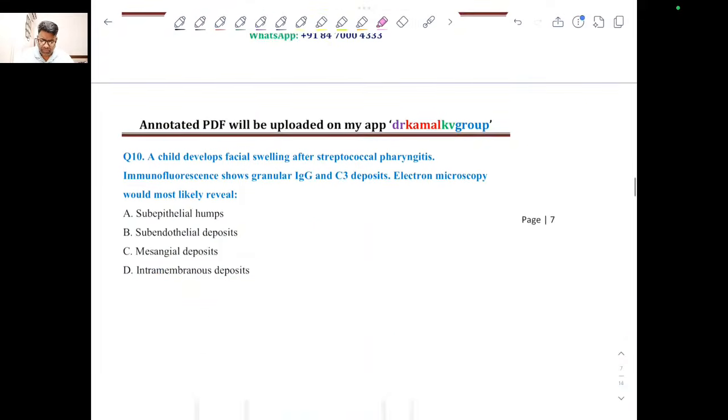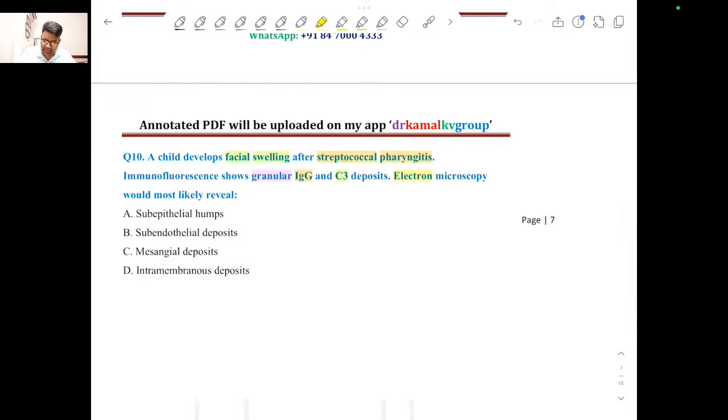The next question: a child develops facial swelling after streptococcal pharyngitis. Then the immunofluorescence is showing granular IgG and complement 3 deposits. Now what will you see on electron microscopy? Very good, Bhuvana.